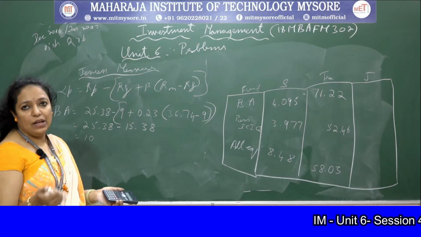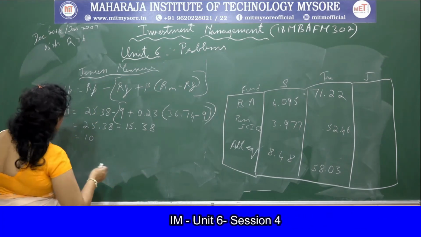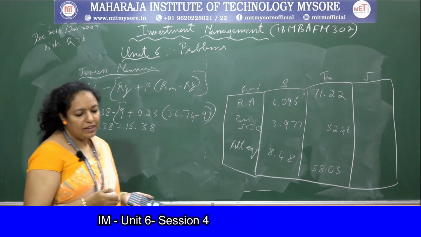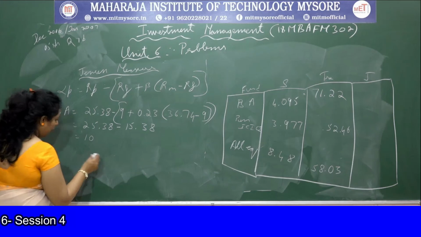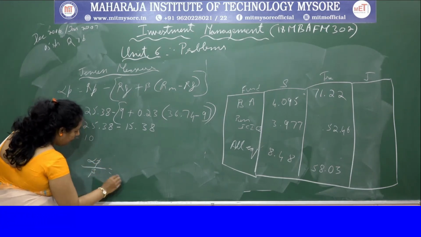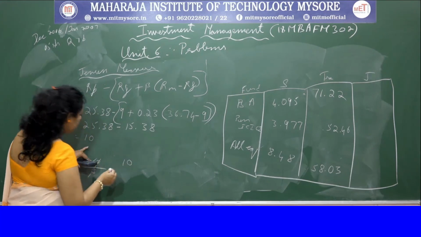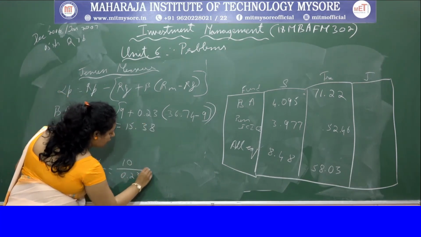Here we have to calculate predictive ability. To calculate predictive ability, the formula which we use is alpha p divided by beta. So alpha p is the answer which we have got and beta is the current stock's beta.